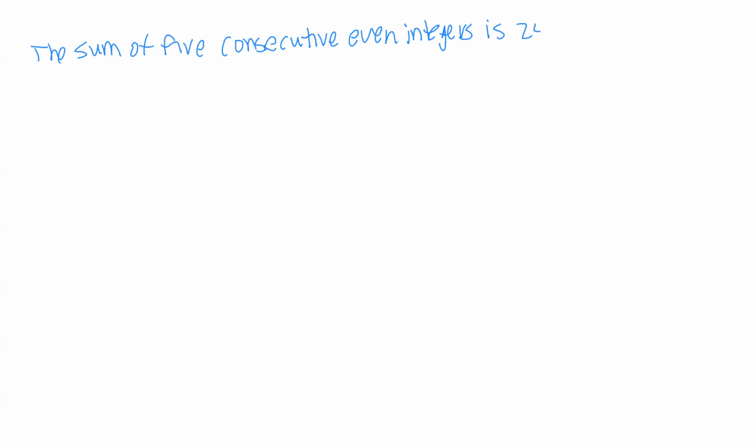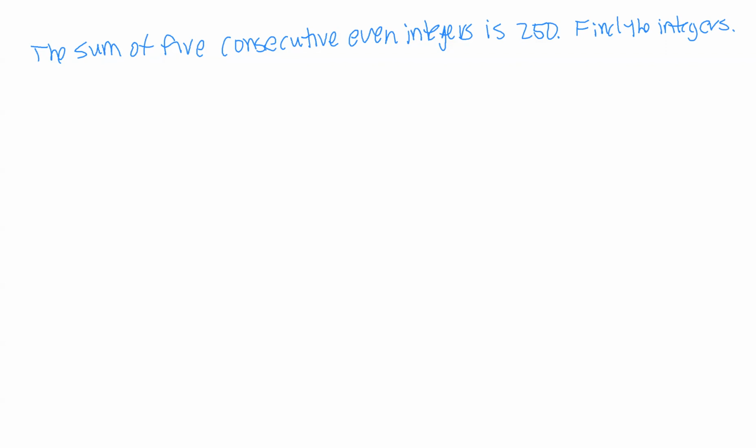All right, so let's say that we have the sum of 5 consecutive even integers is 250. Find the integers. Sorry, I'm writing a little small so I can fit everything in on this one screen.